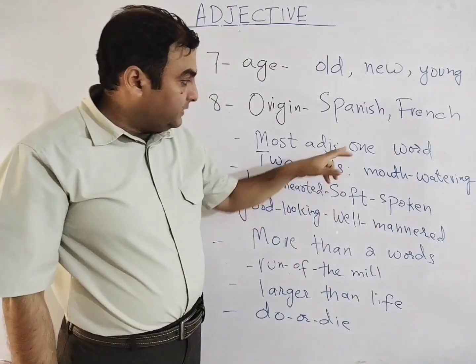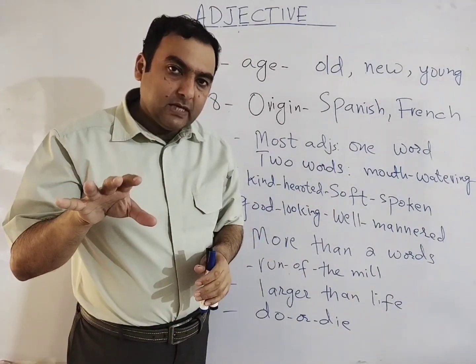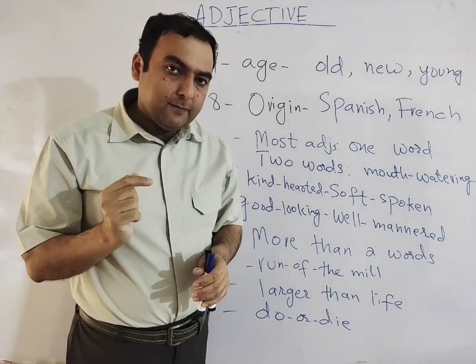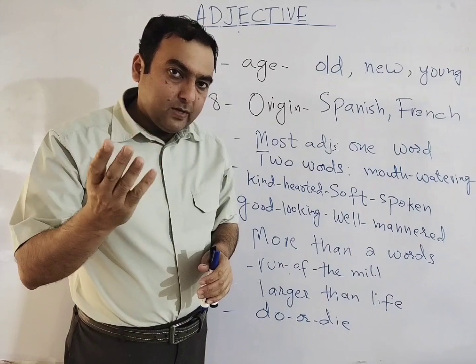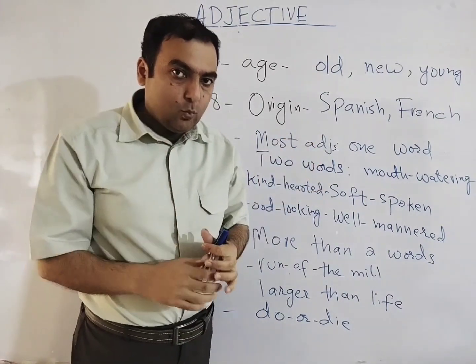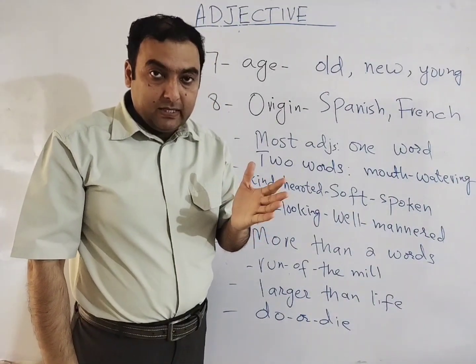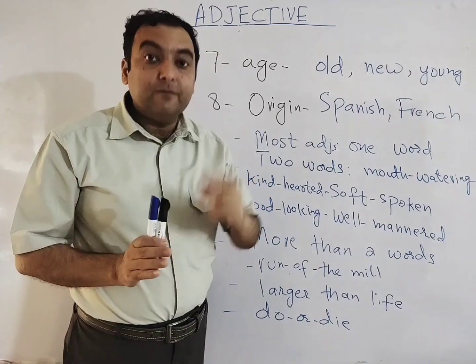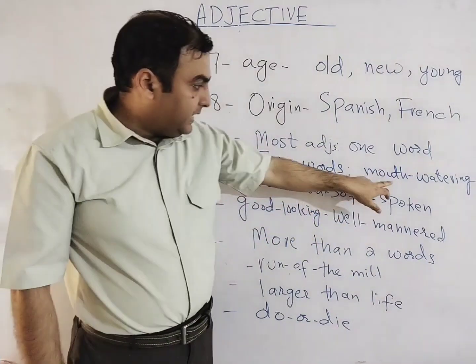As for the next point about adjectives, most adjectives in English contain one word. For example, great, fantastic, superb, lovely. These adjectives have only one word. But there are some adjectives, not that many, which contain 2 words, 2-word adjectives.